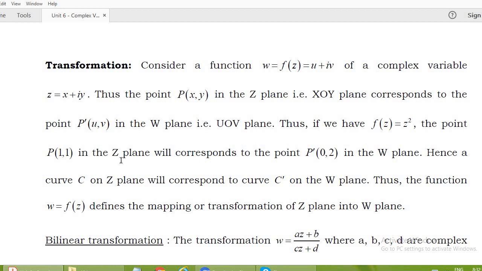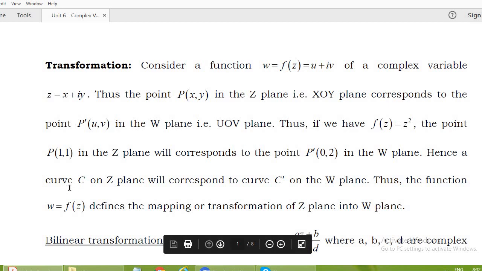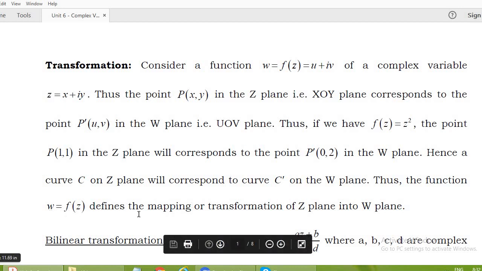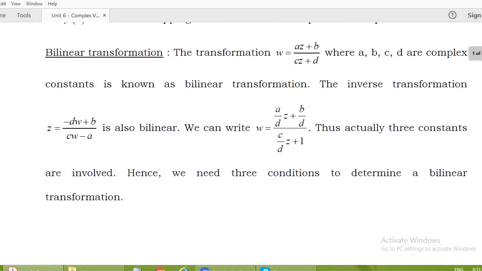Therefore, the point (1, 1) in the z plane will correspond to the point (0, 2) in the w plane, and thus a curve C on the z plane will correspond to another curve C dash in the w plane. Thus, a function w equal to f(z) defines a mapping or transformation from the z plane to the w plane.